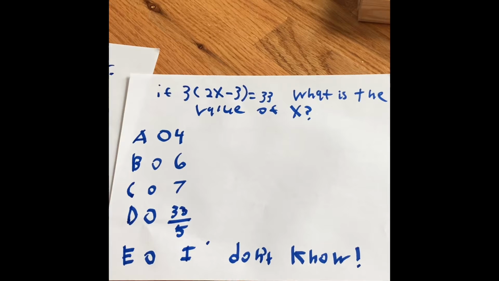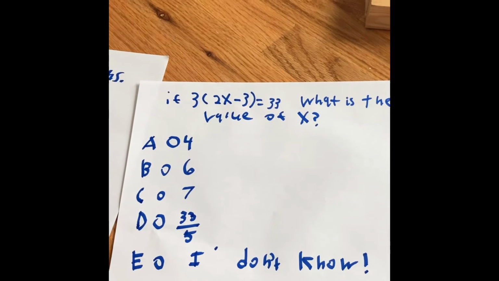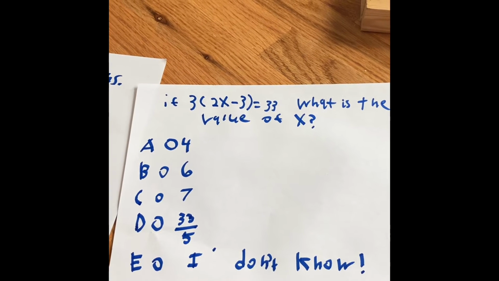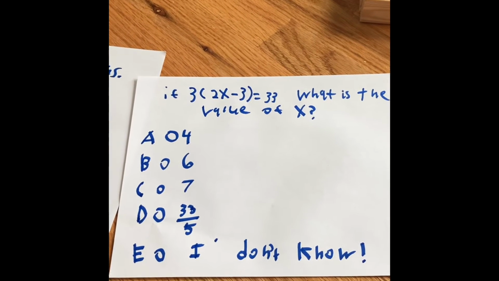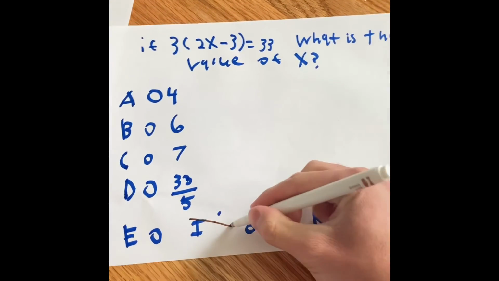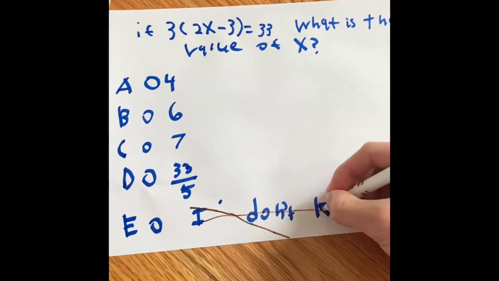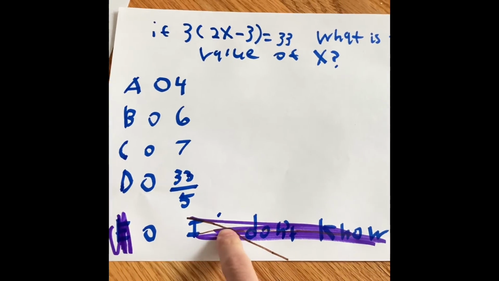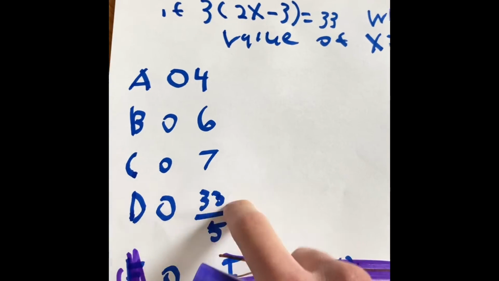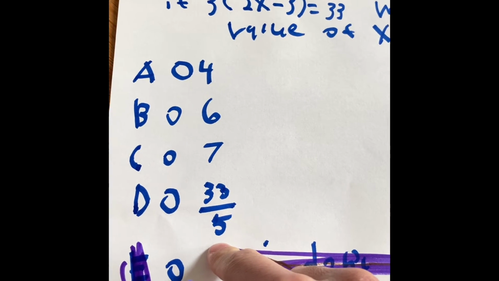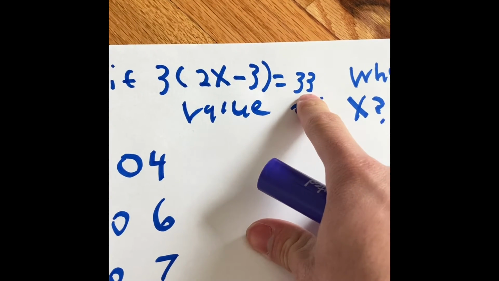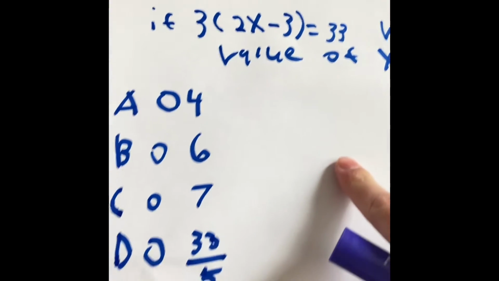What we can also do is cross off the answers that don't make sense to the problem. So we can definitely cross out E, because I don't know doesn't seem like a really good answer. 33/5, or 33 divided by 5, also doesn't seem like an answer, because our equal sign to 33 does not look like a fraction.